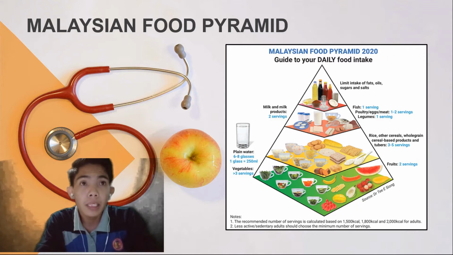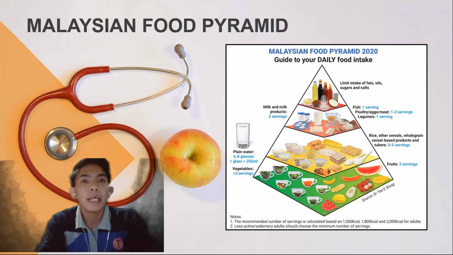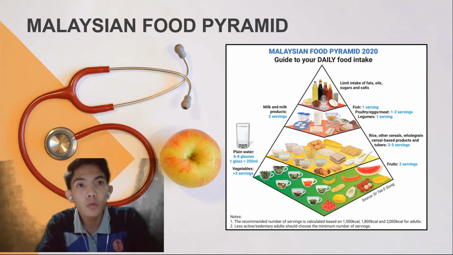Malaysian food pyramid is a balanced diet containing the combination of food that will provide all the nutrients needed by our body. There is no single food that will provide us with all the nutrients needed. The body needs many types of food in varying amounts to maintain health.